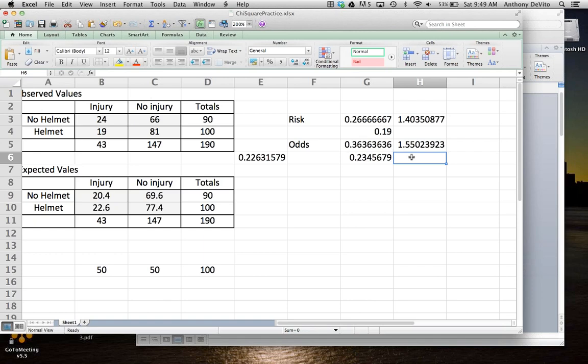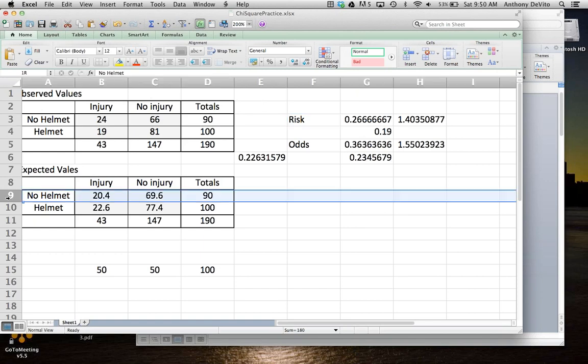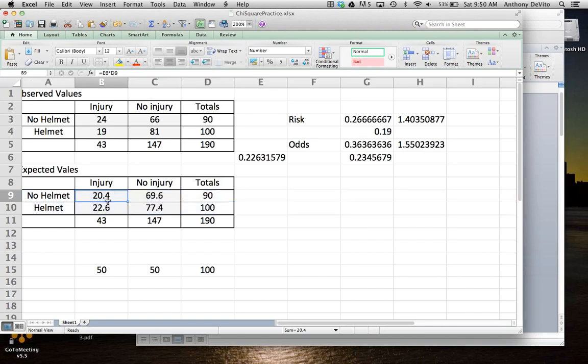So what would you expect the risk to be if there was no difference between wearing a helmet and not wearing a helmet? Well, we already know that. That's the expected values. The expected values are basically you calculating what this table should look like if there's no difference in risk or odds of having a head injury, whether you wore a helmet or not. This is the number of people we would expect to find here, here, here, and here.